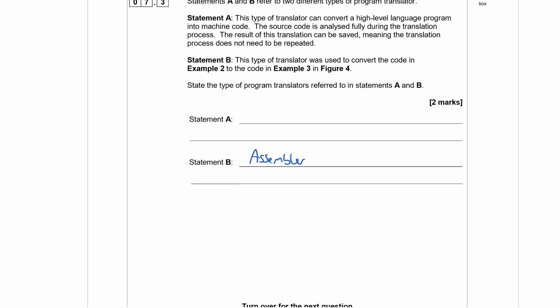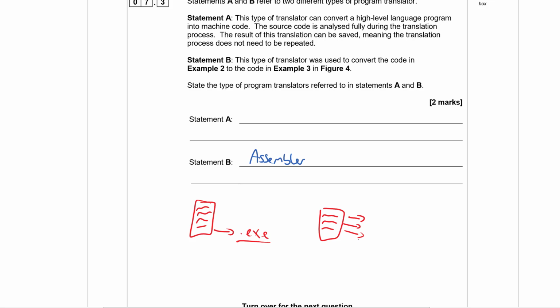Well, a compiler will look at the entire code in one go and spit out a .exe file or equivalent, a file which you can run to execute the code. An interpreter will go line by line and run each line directly after executing it.